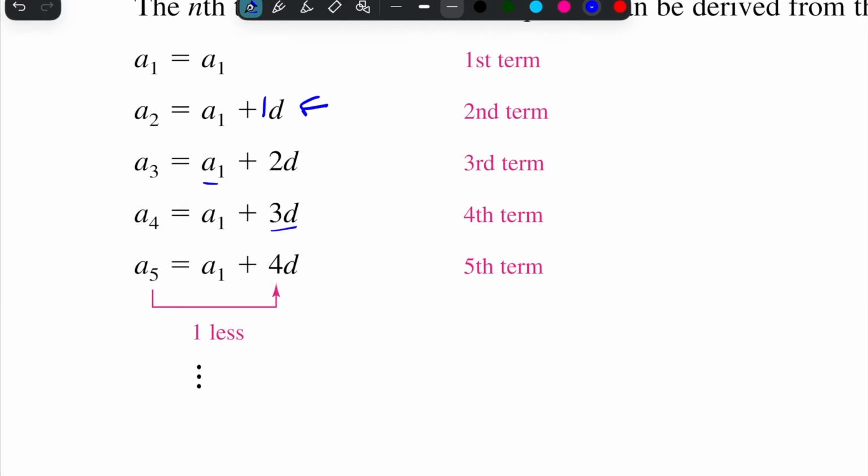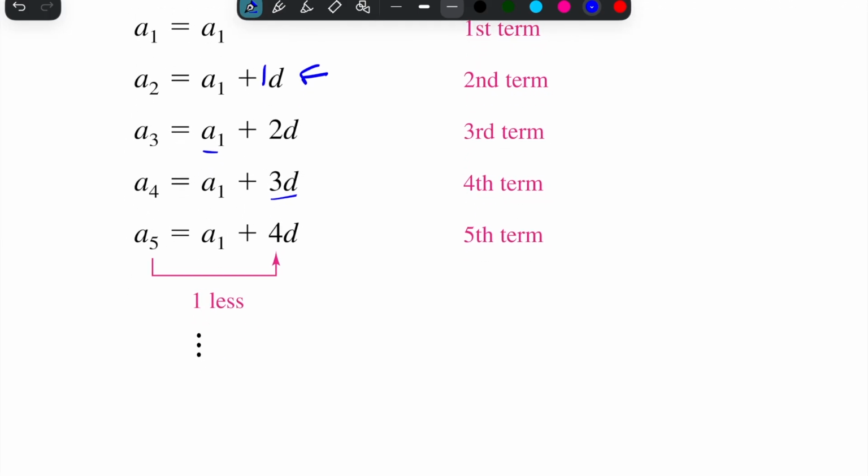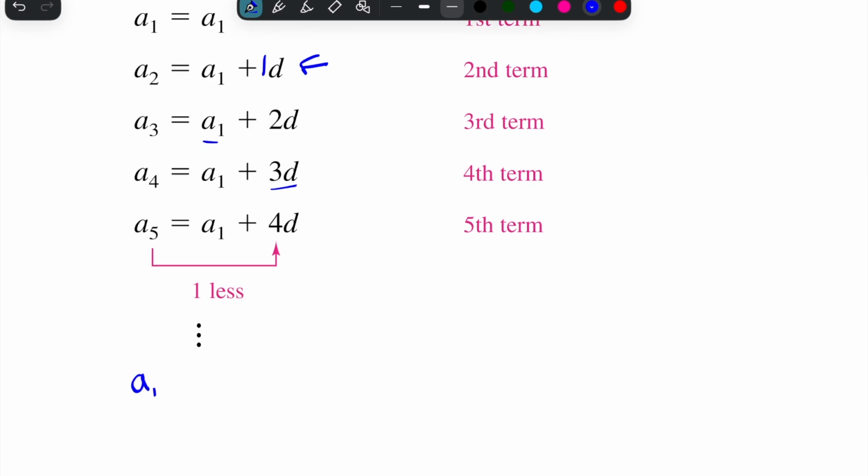So what we want to use is this pattern to go ahead and develop a formula to find the nth term of any arithmetic sequence. Well, note that whatever term we're looking for, like in this case, we were looking for the fifth term, we added one less than that number of common differences to our first term. So we're always starting with our first term, a1, and we're adding one less than whatever our index is times the common difference.